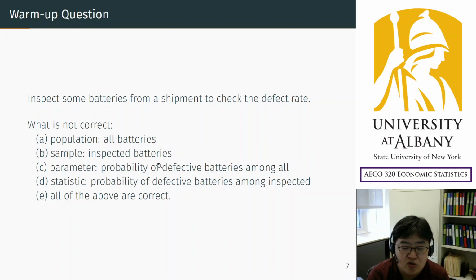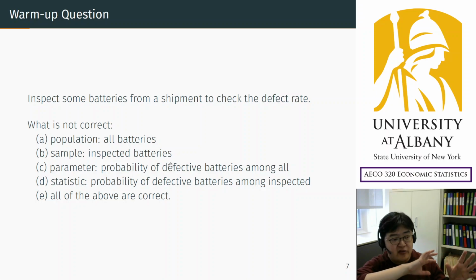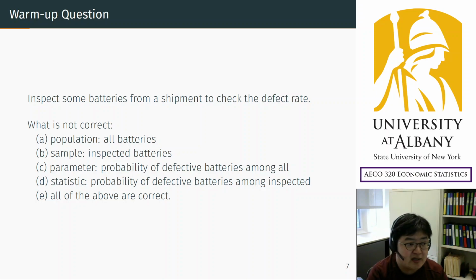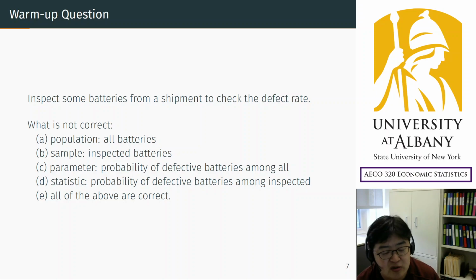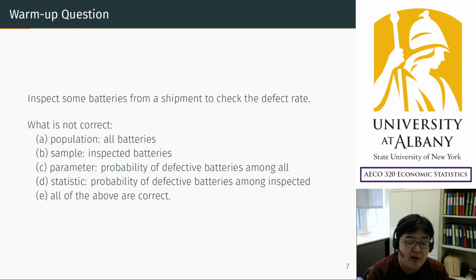So usually a few randomly chosen batteries are inspected and only checked for how many of them are defective. So the sample you observe is the randomly chosen inspected batteries, and in that case the statistic will be the probability of defective batteries among those inspected. So the correct answer is E.